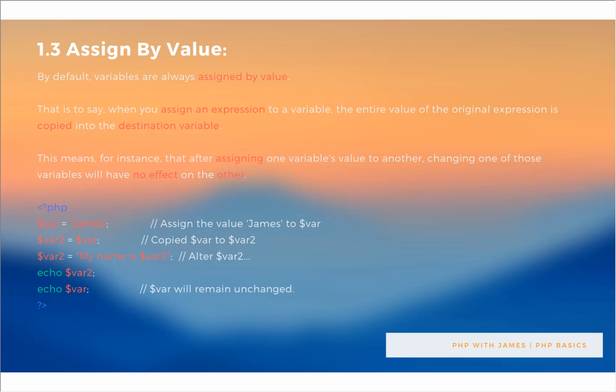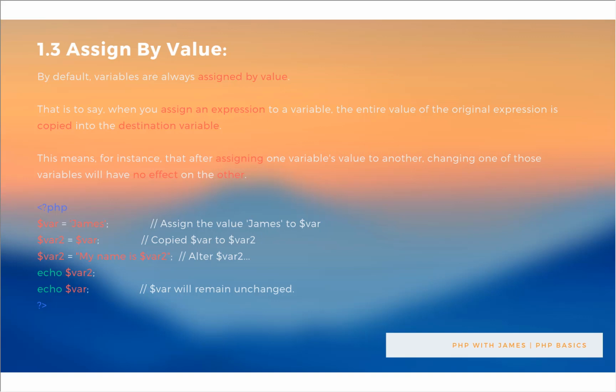So this means, for instance, that after assigning one variable's value to another, changing one of those variables will have no effect on the other. Like if we assign a variable a value, then we assign the same value to another variable, and then we change the first variable, it will not affect the other variable.